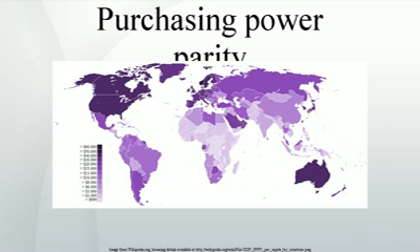PPP exchange rates help to minimize misleading international comparisons that can arise with the use of market exchange rates. For example, suppose that two countries produce the same physical amounts of goods as each other in each of 2 different years. Since market exchange rates fluctuate substantially, when the GDP of one country measured in its own currency is converted to the other country's currency using market exchange rates, one country might be inferred to have higher real GDP than the other country in one year but lower in the other.